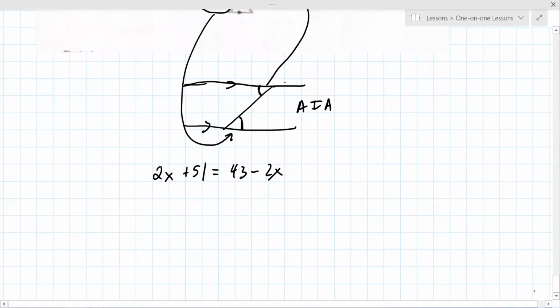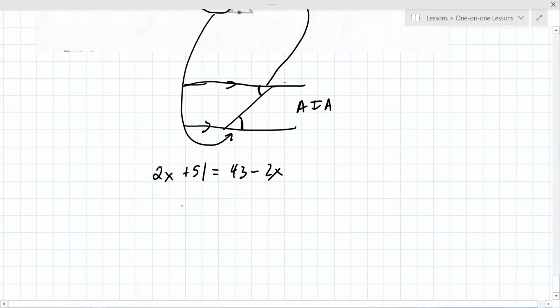All right. So if you don't mind, will you go ahead and solve that for me, please? 2x plus 51. That one. Yes, I'll be right back. Okay. All right, I'm back.